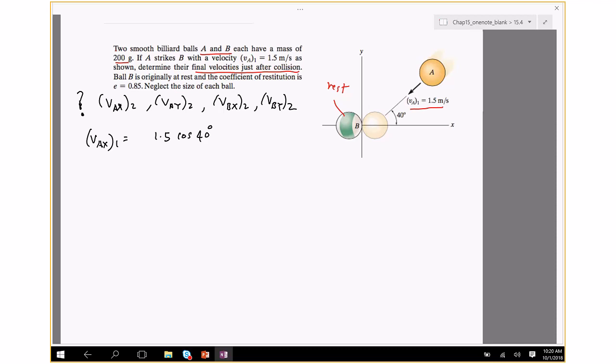In this case, the velocity in the x direction is along the negative x-axis, so I'm going to put a negative because the direction is to the left. So this comes out to be minus 1.14 meters per second. And for the velocity of A in the y direction, we resolve the velocity in the y direction and put a negative sign because it's going in the negative y direction.